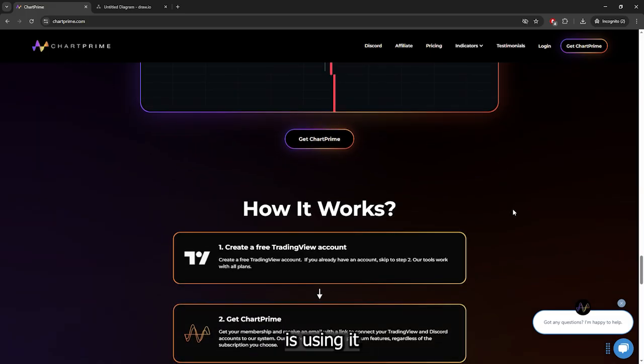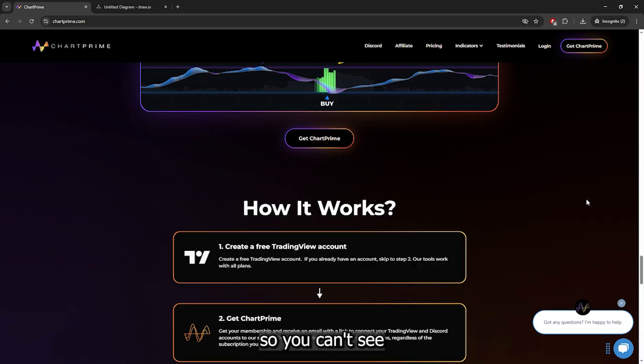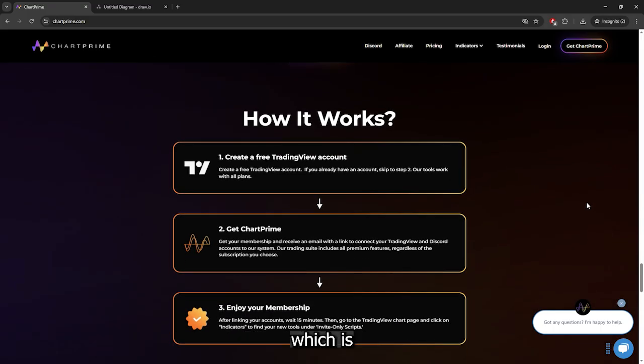The real power is using it with your own confirmation. You can't see the underlying logic, which is common in paid indicators. However, the team provides tutorials, community walkthroughs, and trade examples. So if you prefer building your own logic or using open source tools, this could actually be a downside.